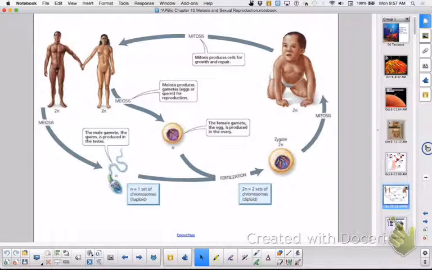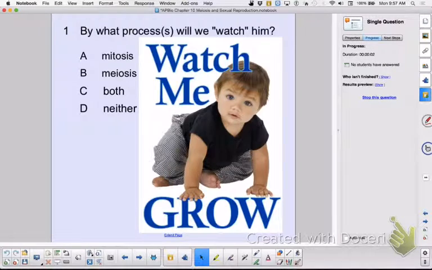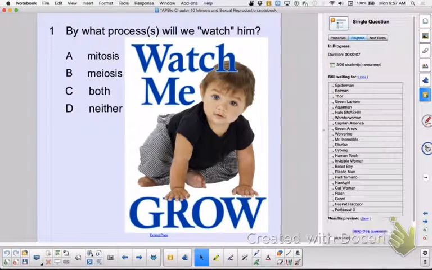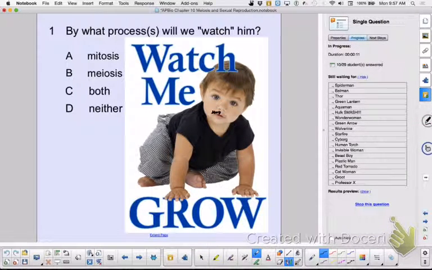To watch Gigantor baby grow. To watch Gigantor baby grow, how did we watch? It looks like he's got like a little stash going right now.